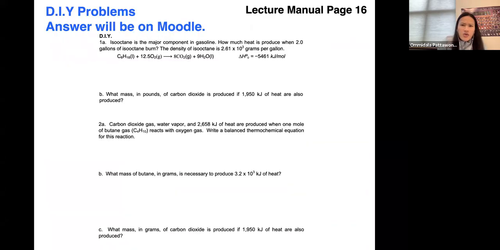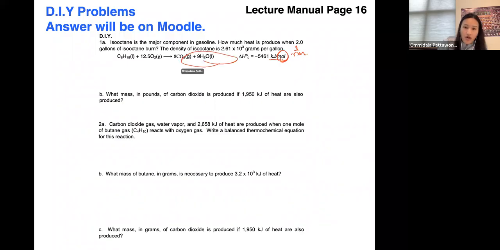All right, so here are more examples for you to practice. As you see here, this kilojoule per mole is per mole of reaction. So you can treat it as one mole of reaction, and one reaction contains one octane, 12.5 oxygen, and so on. Note that this is per one reaction.